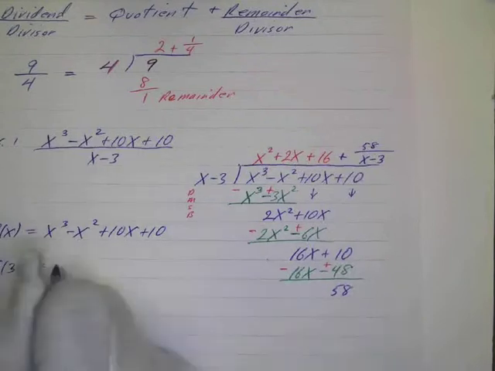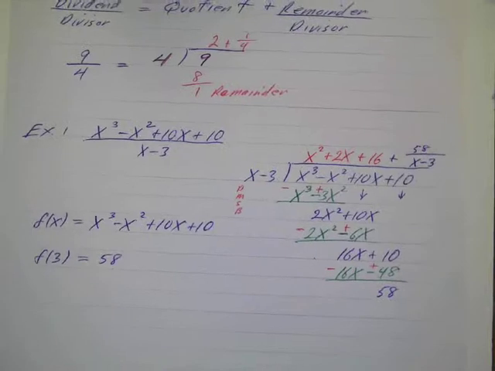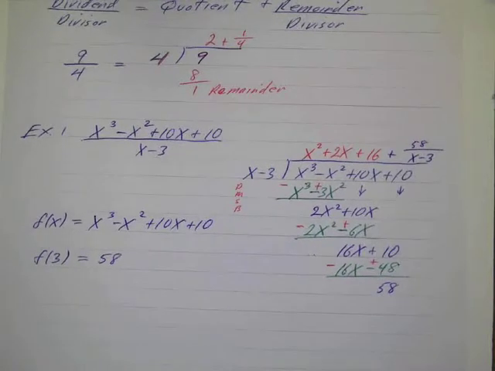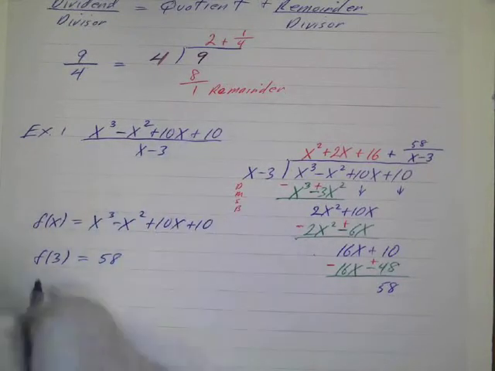Whatever the remainder is, that's going to be the value. That's what we call the remainder theorem. If a polynomial is divided by x minus a, the remainder r is p of a, or f of a in this case. So if we put 3 into this function, we could just check that.